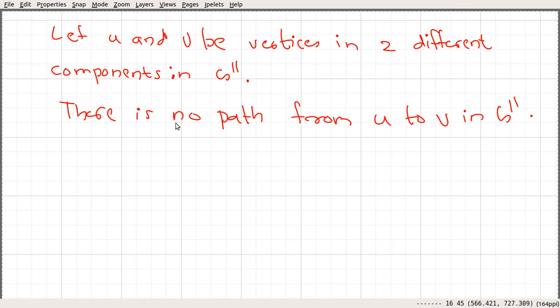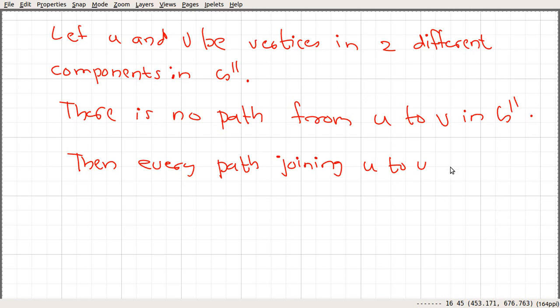If we go back to our previous graph G, it is connected and there is a UV path, and that UV path must go through W. Every path joining these vertices U to V in the original graph G must use the vertex W, and that is a contradiction.